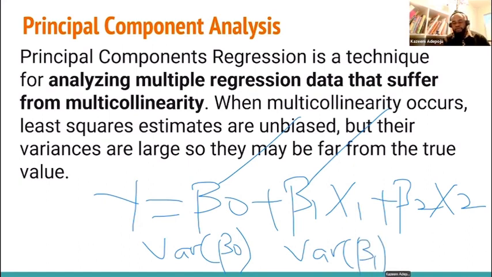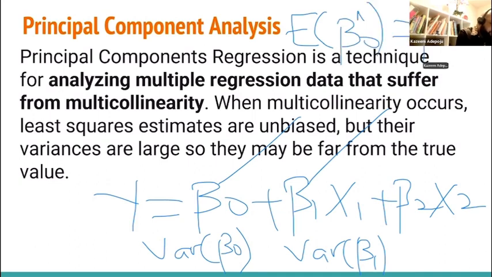Now when multicollinearity exists and it is not severe, let's say it's moderate, the expected value of beta 1 cap is still going to be beta 1, and the expected value of beta 2 cap is still going to be beta 2.